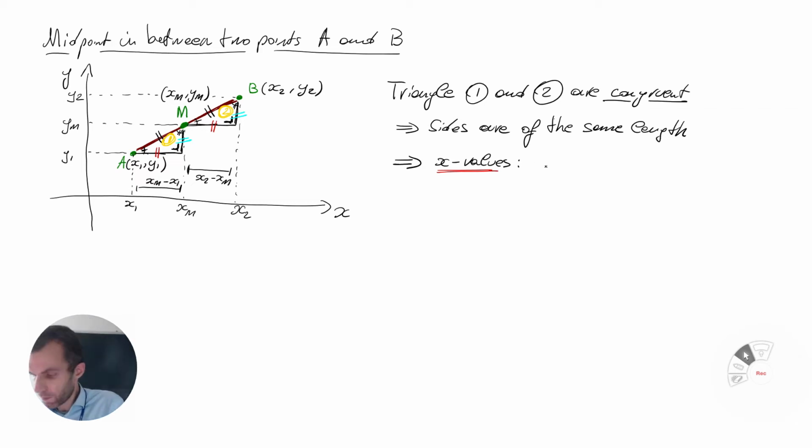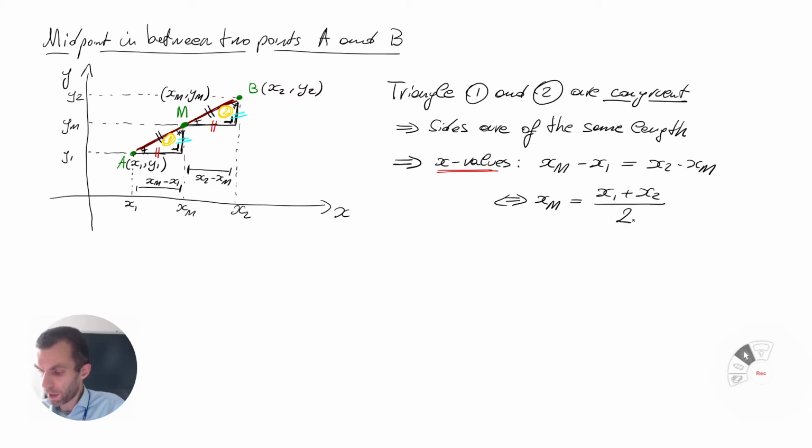So we get that xm minus x1 is x2 minus xm. And if you clean that up a bit and bring xm to the left-hand side, this tells us that xm is x1 plus x2 divided by 2. And likewise for the y values, you will get that ym is y1 plus y2 divided by 2.